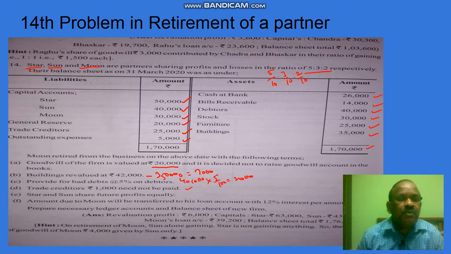So it is a profit because we are not paying the outstanding. Star and Sun share future profits equally, so they share future profits 1:1, or in fractions 1/2 is to 1/2. The amount due to Moon will be transferred to his loan account with 12% interest per annum. They are asking to prepare the necessary ledger accounts and the balance sheet of the new firm.